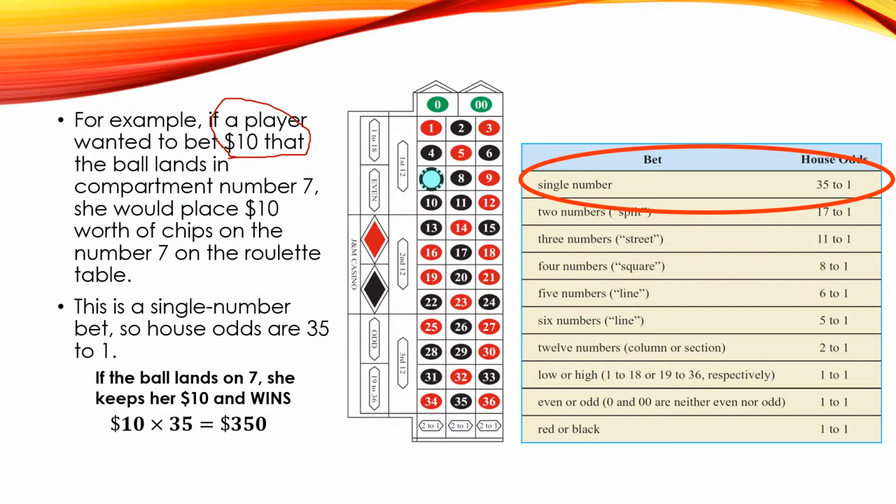So if the ball lands on 7, you win $350. If the ball does not land on 7, you only lose your $10. So you're only out as much as you put in. So that's another reason that I think roulette is a popular game. You really make the decision on how much money you're going to lose. So if you're only comfortable losing $5, you only have to put $5 down.